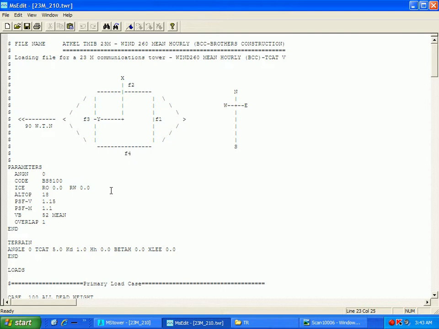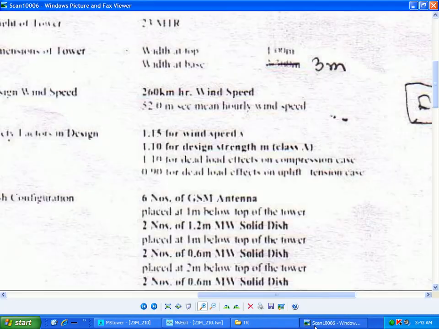That's why we have given here PSFV 1.15, and the partial factor for material is 1.1. It has also been given in the spec of the vendor, 1.1 for design strength, and 1.1 for load combination and 0.9 for load combination. We will discuss this later. Now the main ones are PSFV 1.15 and PSFM 1.1.